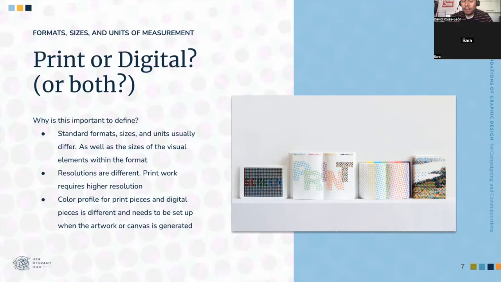So for screens, we have red, green, and blue, which is the acronym RGB. Those lights combined create different colors.